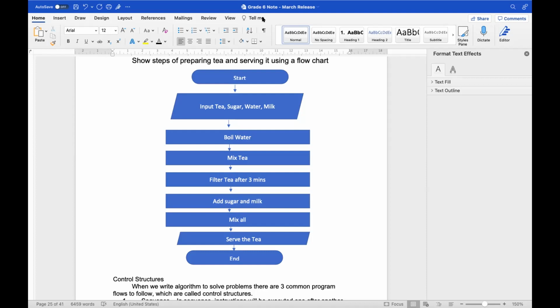Anyway, all these are algorithms. So I'm asking, what are the 3 ways of organizing? There are 3 fundamental ways of organizing the instructions. We learned it. What are they?